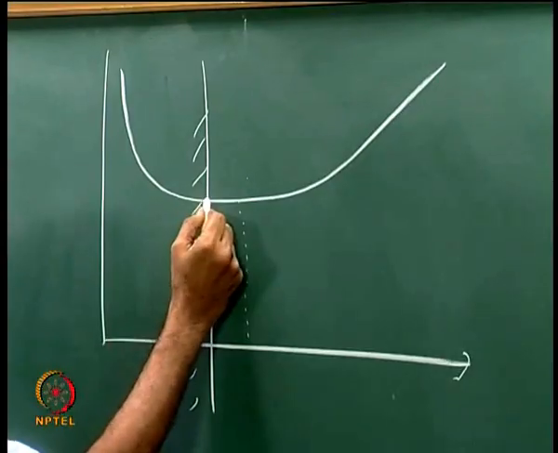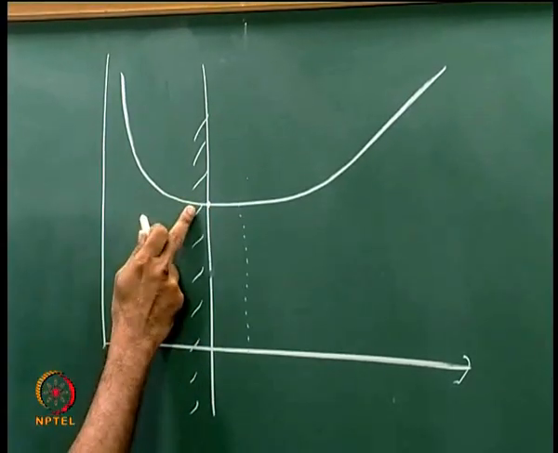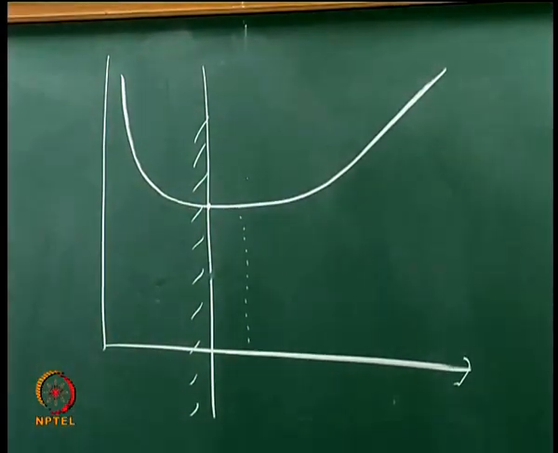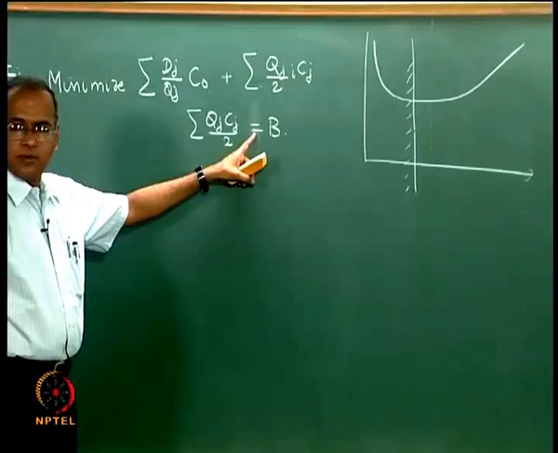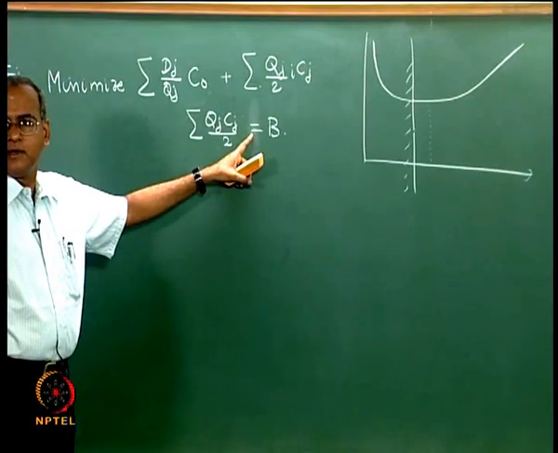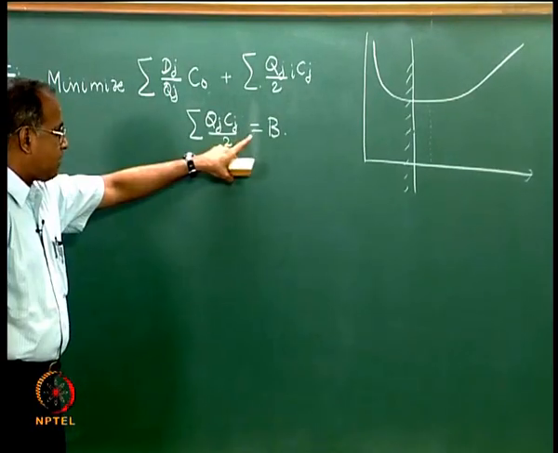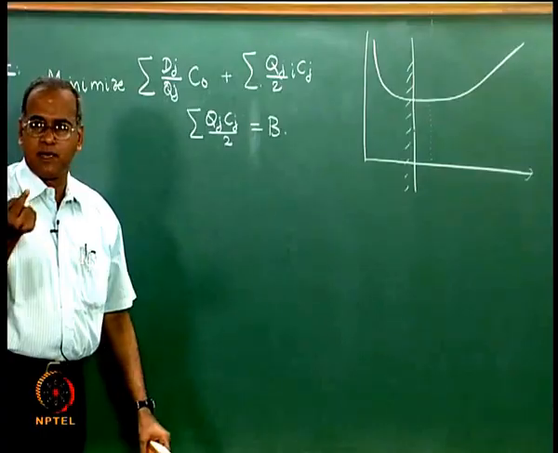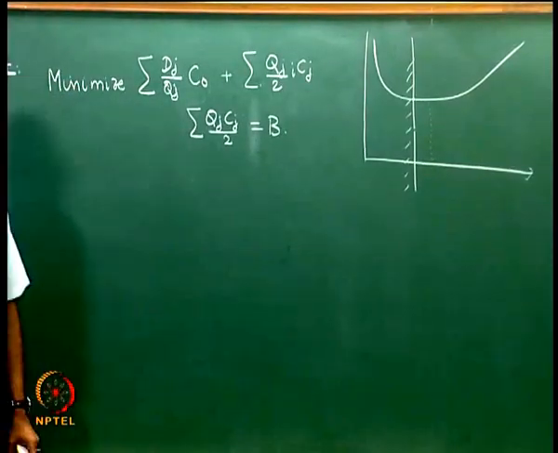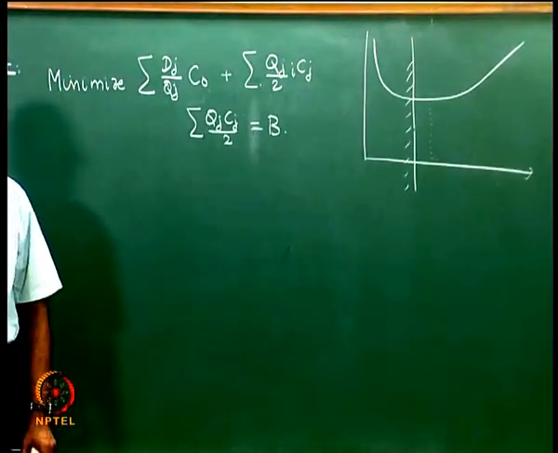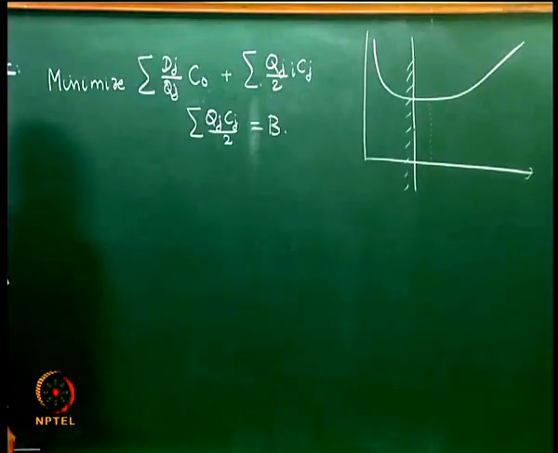Therefore, the optimum will come here and will not come to the left of the point of intersection. Therefore, when this constraint is binding, it will be an equation and not an inequality. Now, the moment we understand that this is going to become an equation, we can use the method of Lagrangian multipliers as we did in the earlier case.